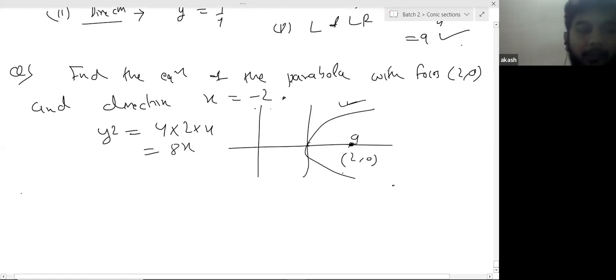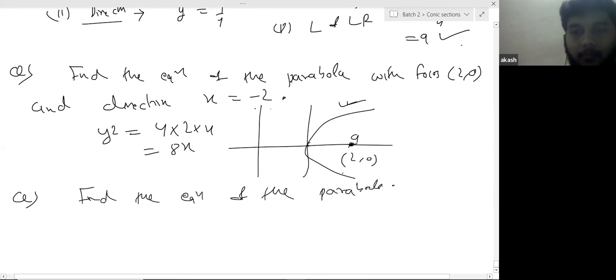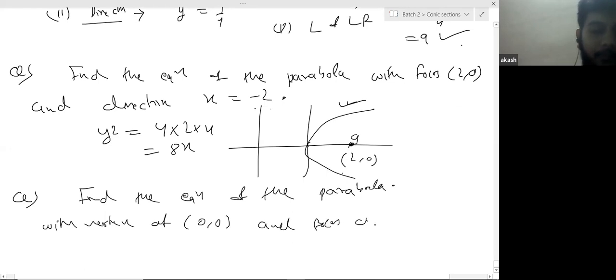Try to solve another one. Find the equation of the parabola with vertex at 0, 0 and focus at 0, 2. All right, I'll give you a few minutes.